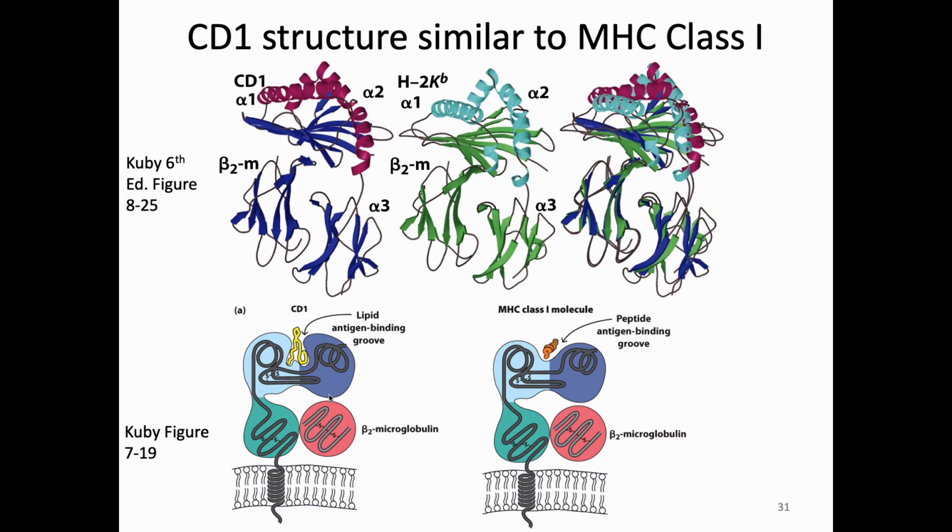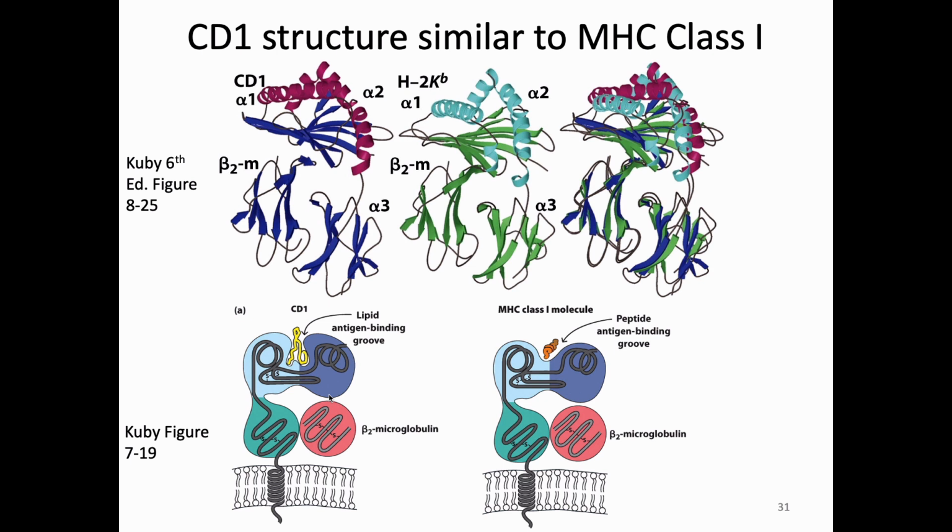So people were at one point somewhat confused when they made mice that didn't have beta-2M, because there were some responses that were missing, and they wondered why beta-2M messes this up. It's because beta-2M is actually part of two processes, presenting peptides on Class I and presenting lipids on CD1.